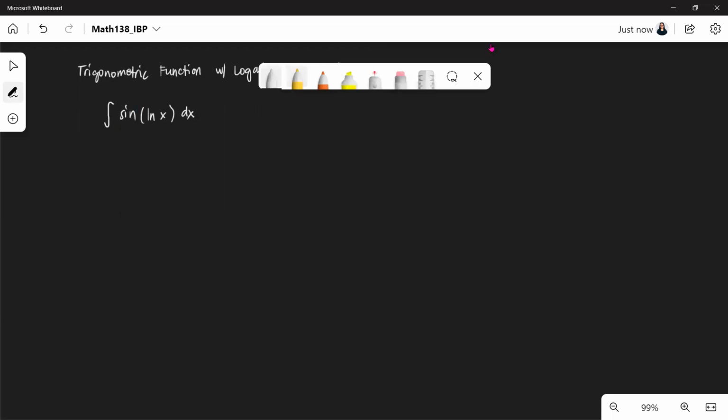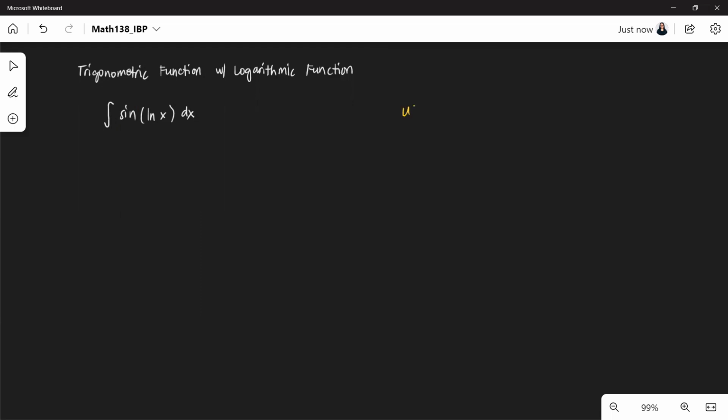So we have u be sine of ln x, so du would be cosine of ln of x times the derivative of ln of x.